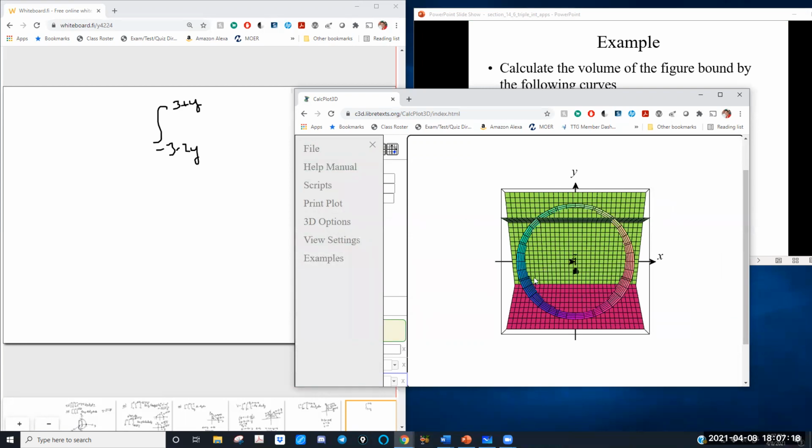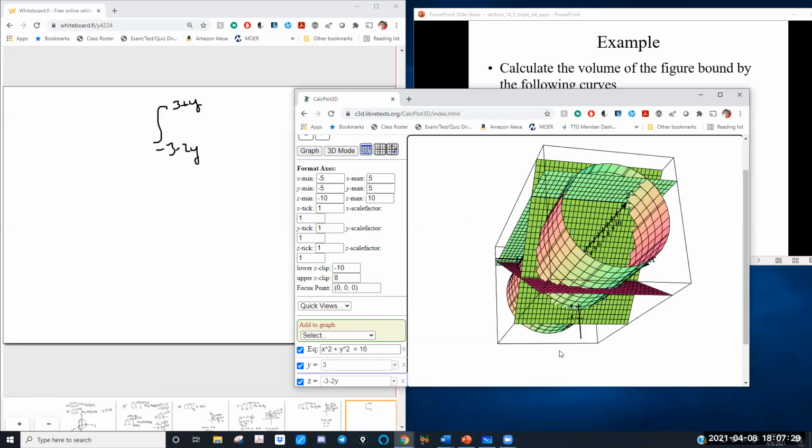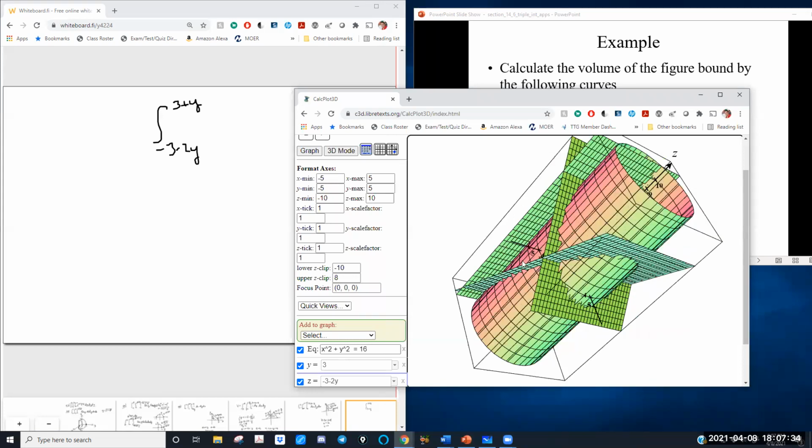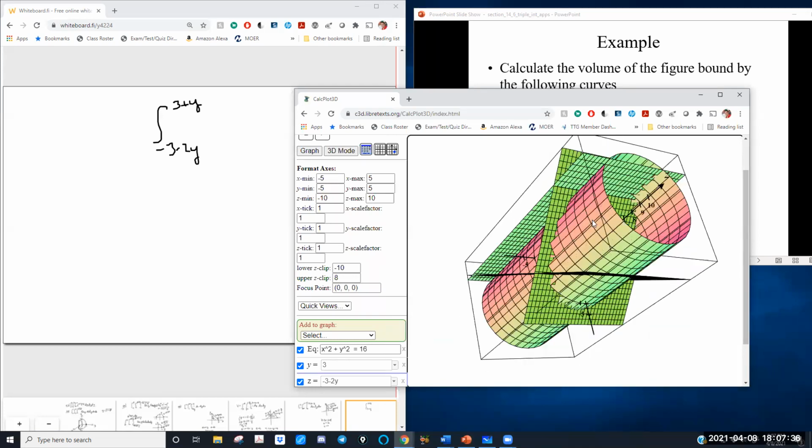Now, here's one intersection. Here's another intersection. And then here's the sides. And if you're not seeing it completely, just straighten it back out and you can kind of see what's going on. Oh yeah, here's the part that we're looking for.